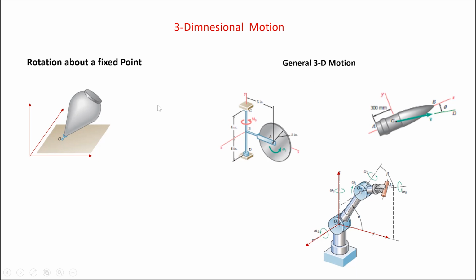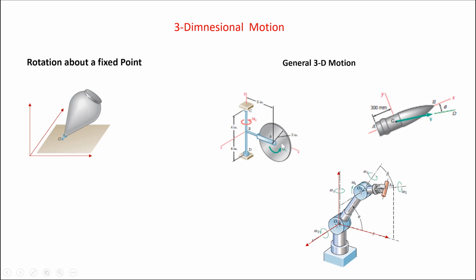Translation is truly very trivial here, similar to planar translation, in the sense that the body is keeping its own orientation. If it is translating in three dimensions, it is possible, but keeping the same orientation. So these are general 3-dimensional motions.